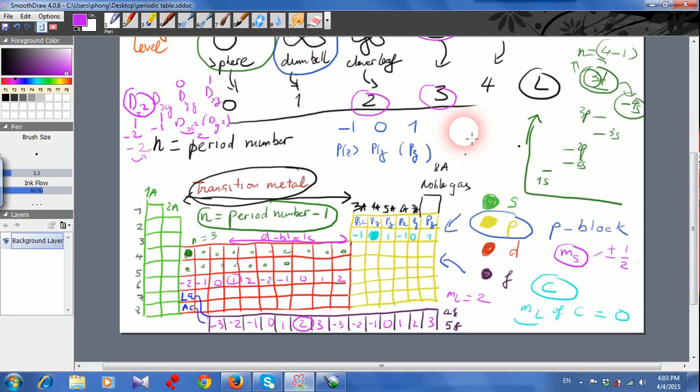Okay, I need to draw here. We have an electron here, and the spin of the electron, this spin here and this spin here.